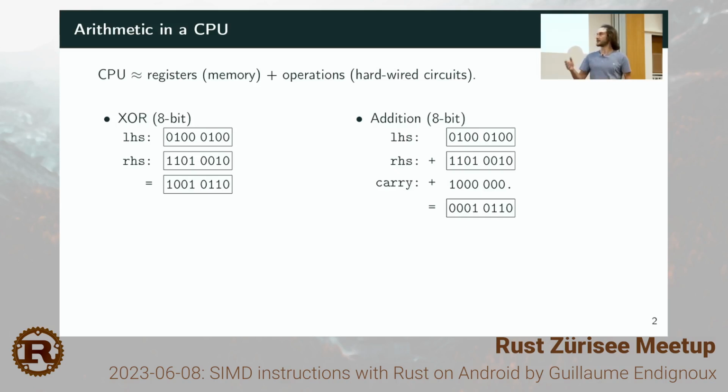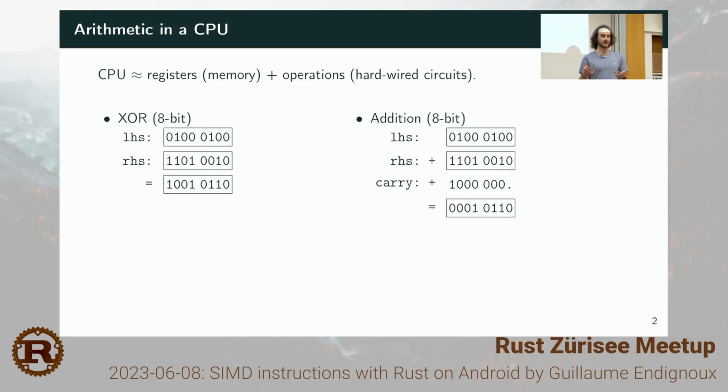Two examples. On the left, you have a XOR, which you can imagine is going to have transistors bit by bit to compute the XOR over the whole register. On the right, you have an addition, which conceptually is similar to XOR, but additionally there is some carry bit to propagate throughout the register. So that's the basic block we have.